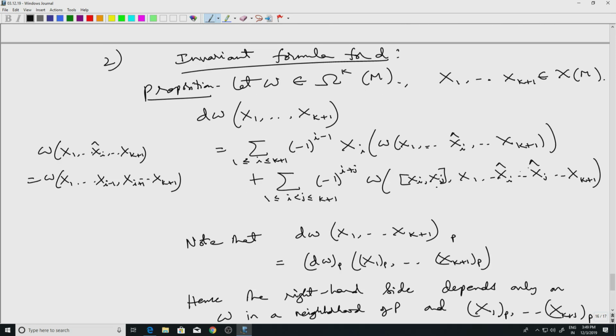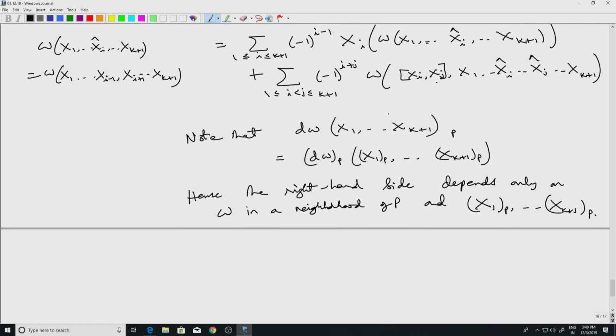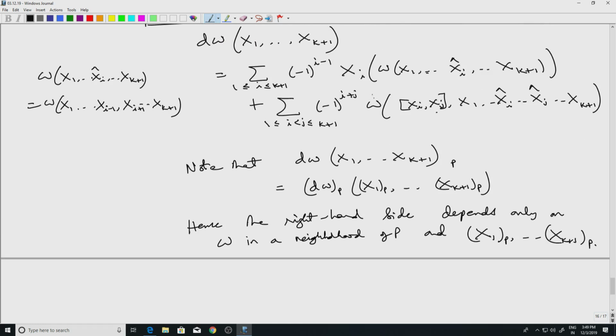So the definition of the right hand side, if you are just given x1 at P, up to xk plus 1 at P, doesn't even make sense. For instance, the Lie bracket doesn't make sense, neither does the first term. So it's essential that we have vector fields rather than individual tangent vectors.